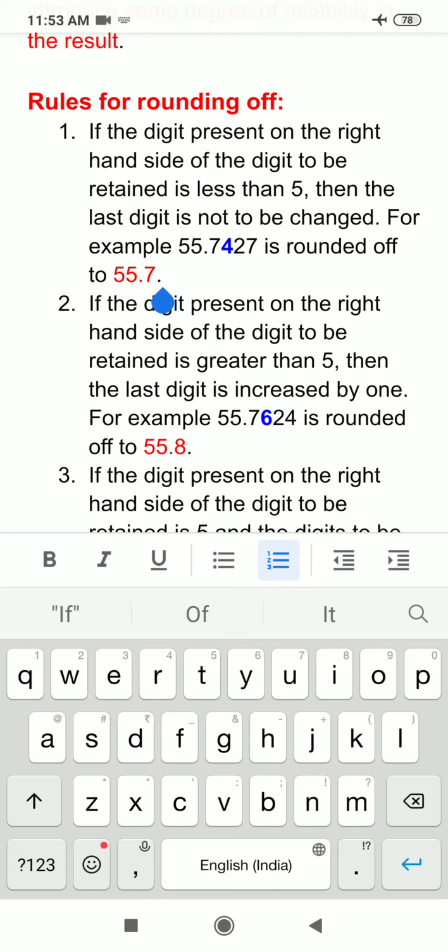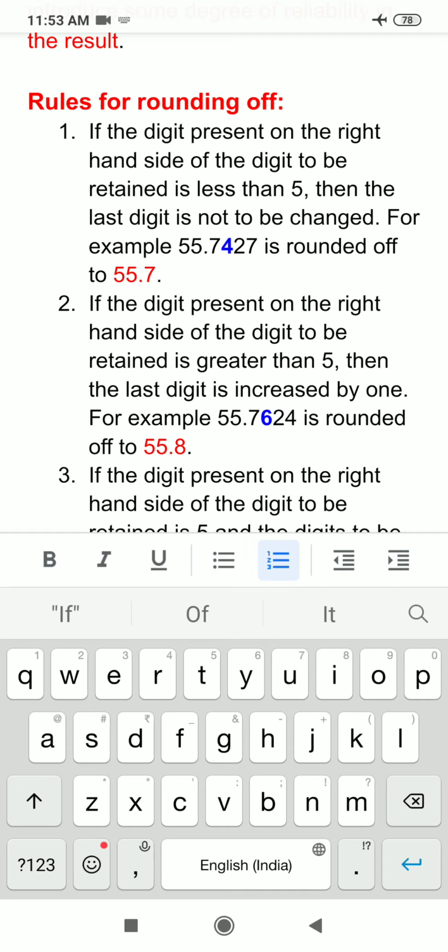If I wish to retain 55.7, the digit to the right hand side of 7 is 4. I have highlighted this in blue. So 4 here is less than 5, so the previous digit will remain unchanged.